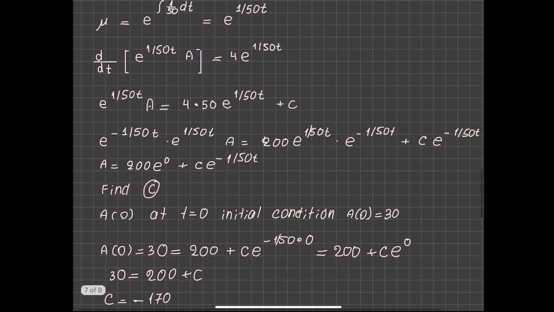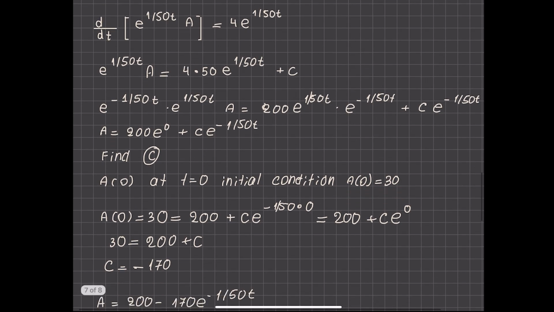Now, the final step is to find c, and that's where the initial condition comes in. At initial time t equals 0, the amount of salt in this liquid was 30 grams. So A at t equals 0 is 30. It's also this function, and when t equals 0, you put 0 here, and that's going to be e to the 0, which is 1.